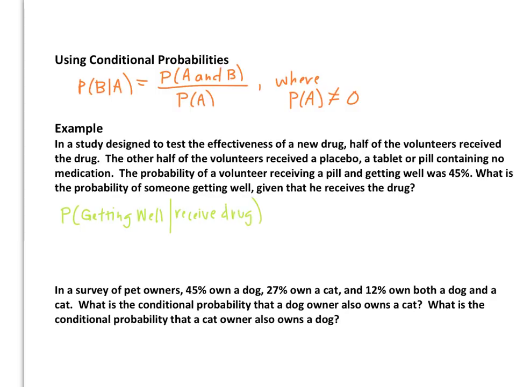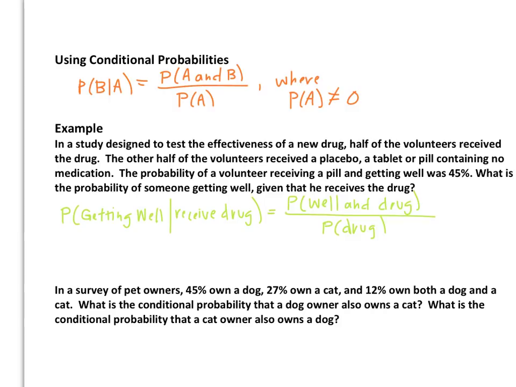Okay, well, given our formula there now, we know this is equal to the probability of getting well and receiving the drug divided by the given, the piece that was given here, so that is the probability that they received the drug. Okay, so that's what we want to set up here. That's the information we need to find to be able to plug into this to find what our answer is. Well, first off, the probability that they got well and received the drug.